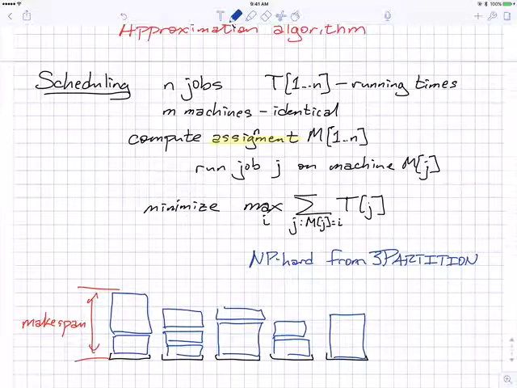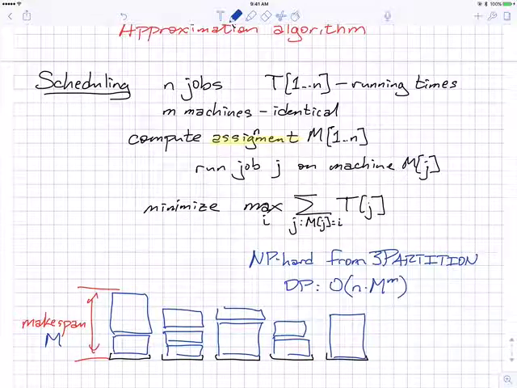There is a dynamic programming algorithm that can solve this problem, provided the makespan M is small. What's the dynamic programming algorithm's running time? Okay, yeah, it's n times capital M to the m. So you need a table where the dimension of the table, the number of axes, is equal to the number of machines, and the width of the table in each of those directions is the makespan that you're trying to compute.